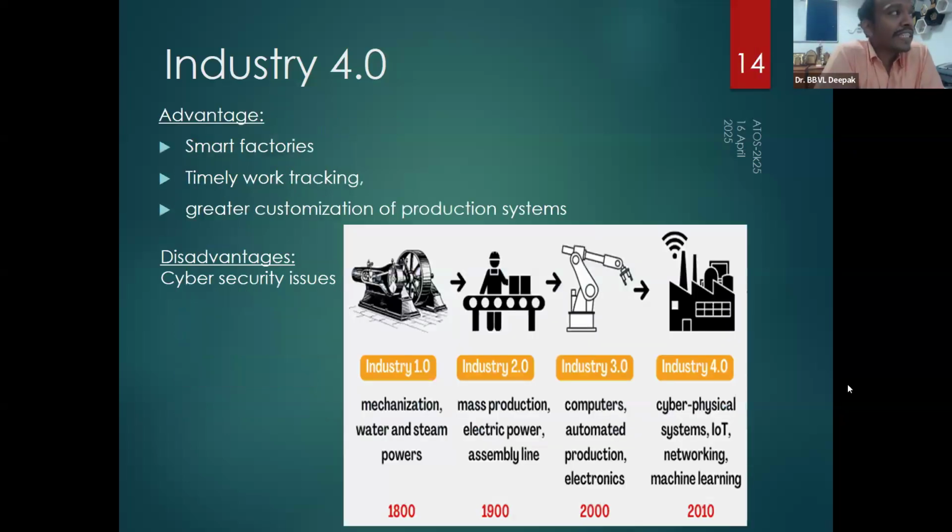Now, what is happening with Industry 4.0? Industry 1.0 to 2.0 took 100 years. Again, 2.0 to 3.0 took 200 years. And here you can observe Industry 3.0 to 4.0 took only 10 years.